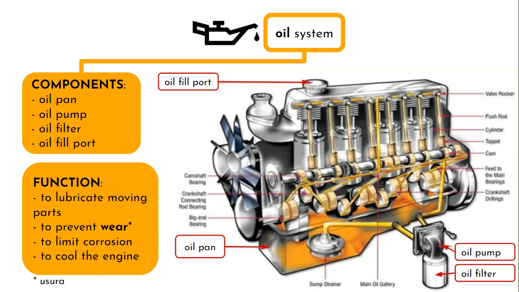It also limits corrosion because when a metal component is exposed to oxygen and air, it can get corroded. And also, quite surprisingly maybe, it helps to cool the engine, aiuta a raffreddare il motore. You know that is the task of the cooling system, but also the oil system may help, okay?